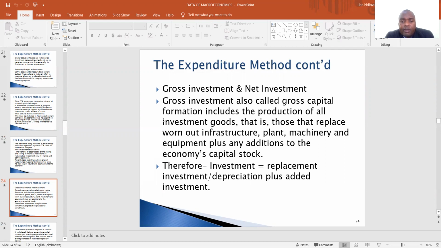Therefore, gross investment is equal to depreciation plus added investment. Gross investment is equal to replacement investment, which is depreciation, plus added investment. In other words, net investment, which is styled added investment here, is simply gross investment minus replacement investment.